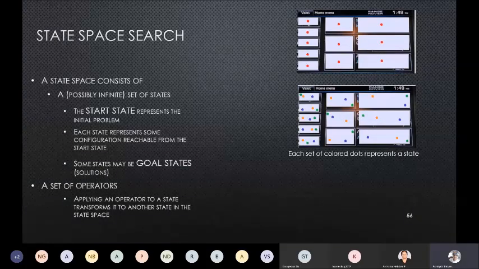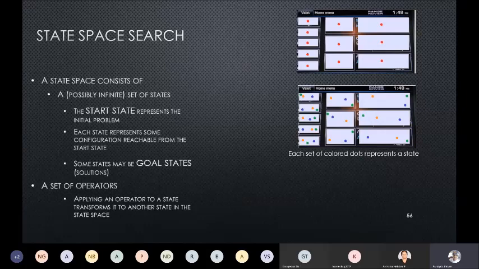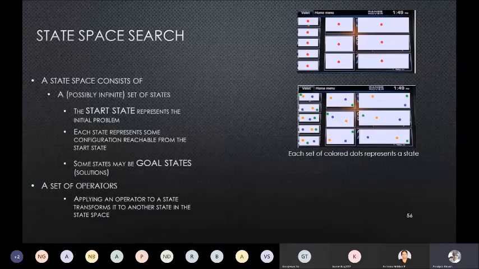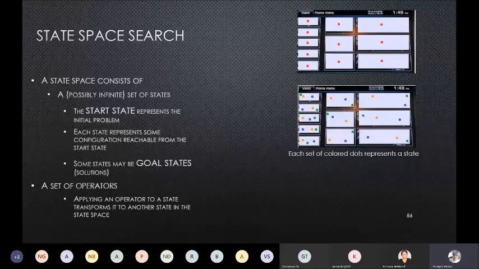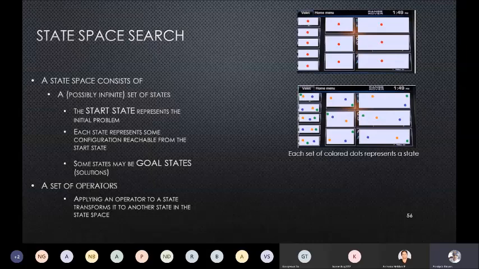So each set of orange dots or each set of blue dots or each set of green dots defines a state for our problem. So this is our way of defining a state space. Again, remember that as I told, this need not be the only possible way, but this is one of the ways we converted this problem into a state space search problem.